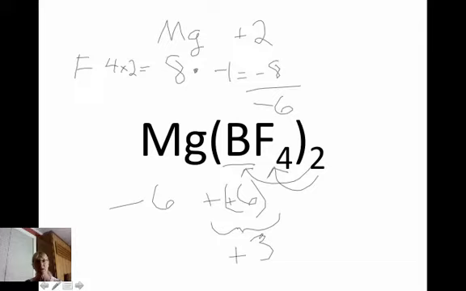So when they ask for an oxidation number, they mean for one boron. 2 borons, if we assume I got the right math, is 2 times a +3 or a +6. And that added to the -6 of the other 2 elements in that formula, that will get me to the right answer. The oxidation number of boron in this one is +3.